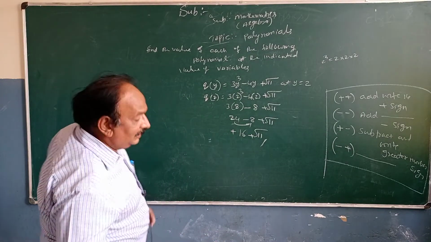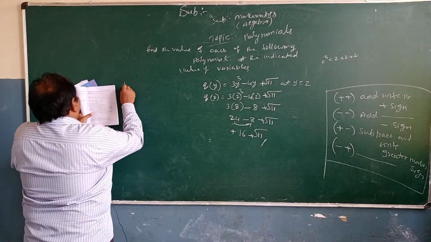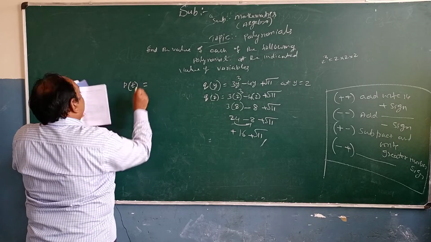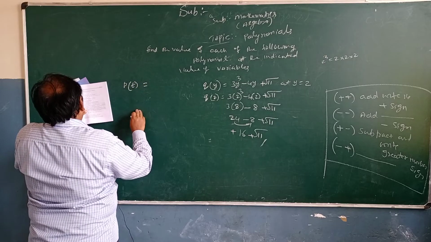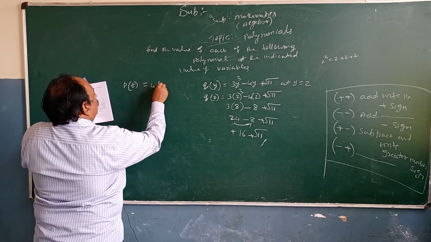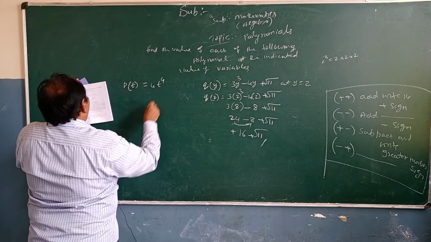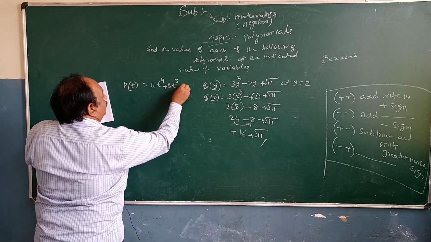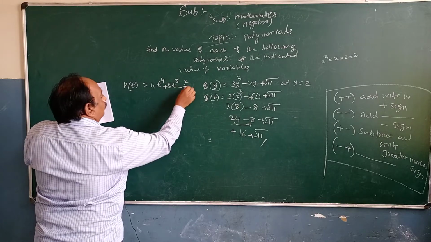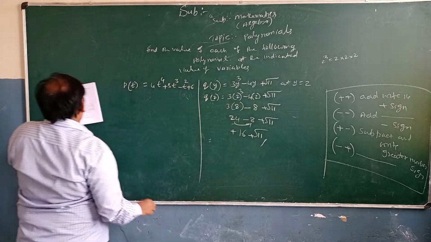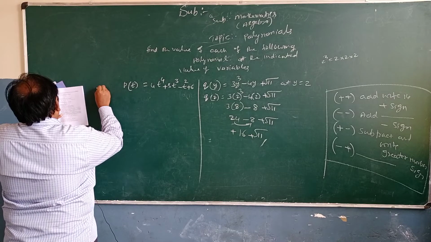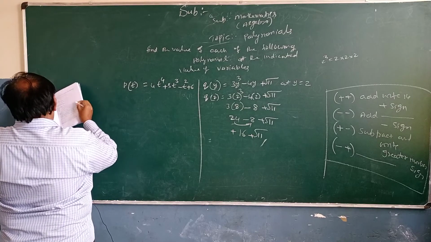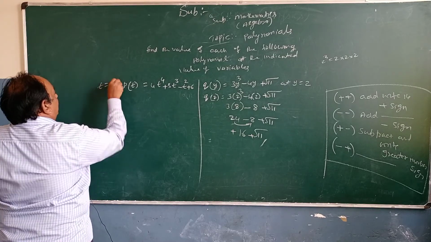Next one is P of t is equal to 4t to the power of 4 plus 5t cube minus t square plus 6 and t is equal to a.